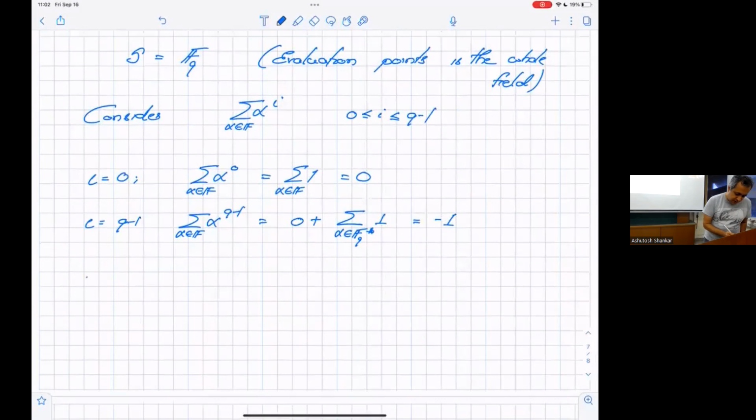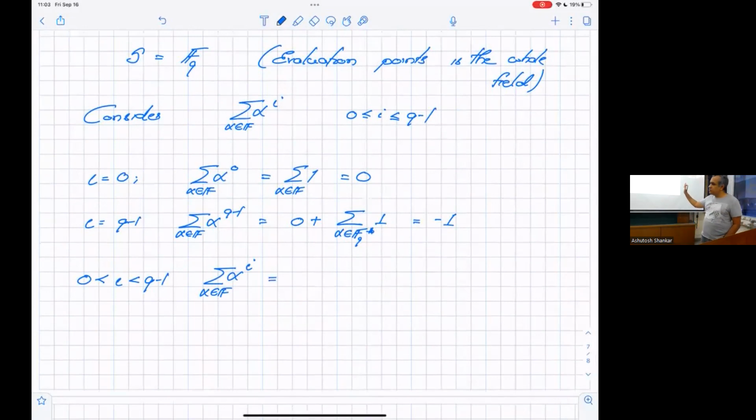Let's now look at the more general case, when 0 is less than i, all the other cases. I want to look at the sum of alpha to the power i.